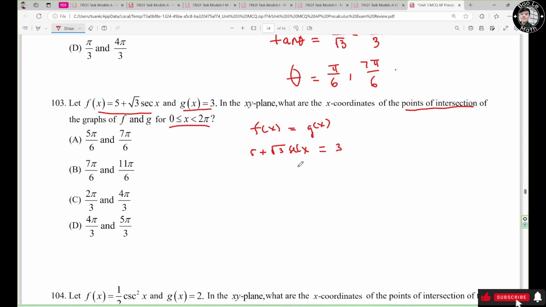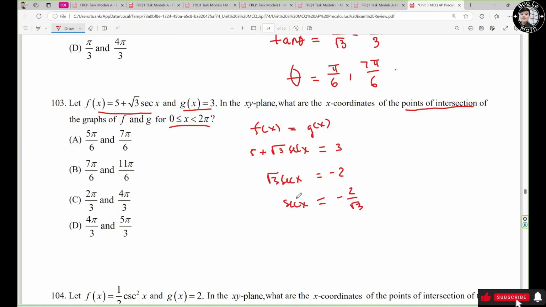Now I need to isolate secant s by subtracting 5 from both sides. So root 3 secant s equals -2. Divide both sides by root 3, so secant s equals -2 over root 3.